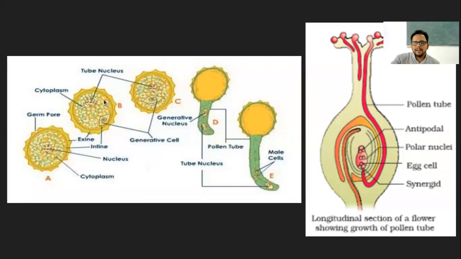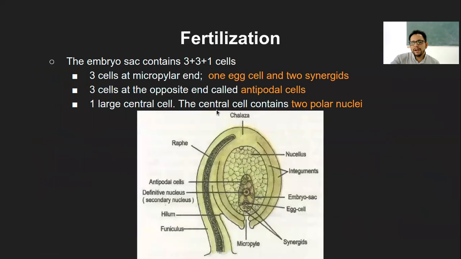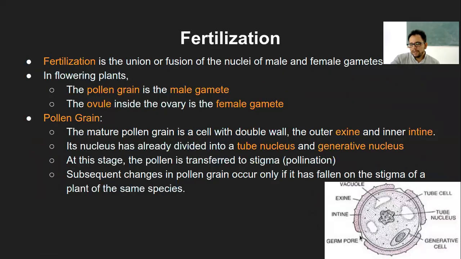You can see there is this pollen grain, and then it has this outgrowth. That is the pollen tube, coming from the pollen grain out of the germ pore area. So this tubular structure will come out from the germ pore, wherever there is an opening in the exine layer.